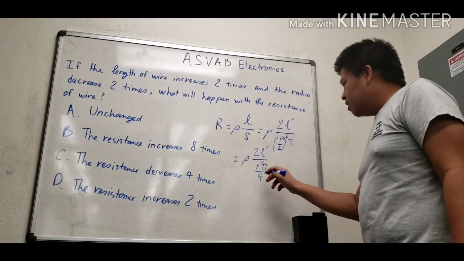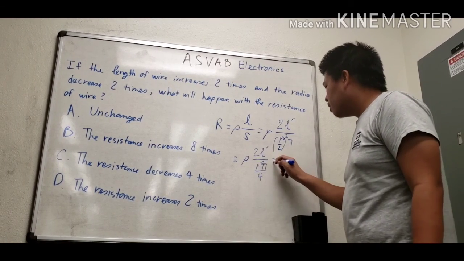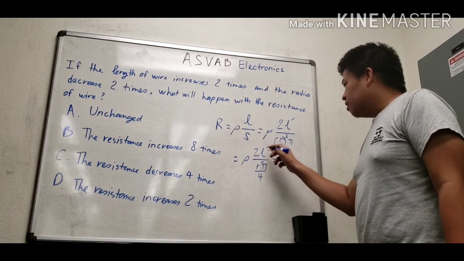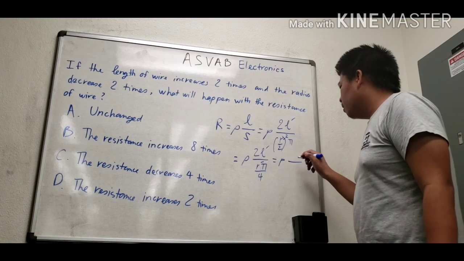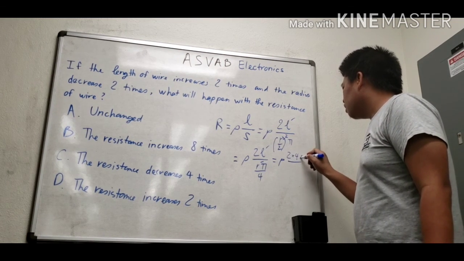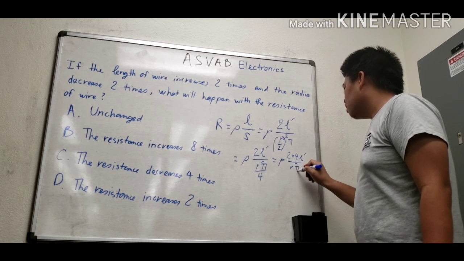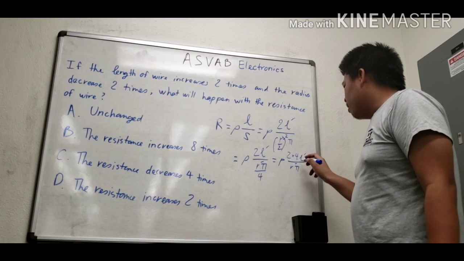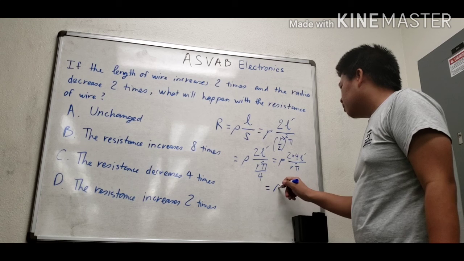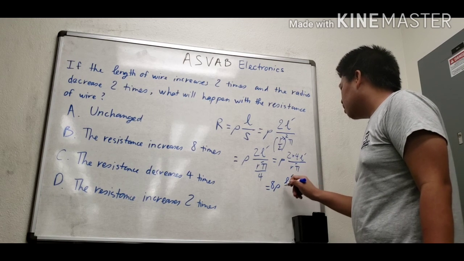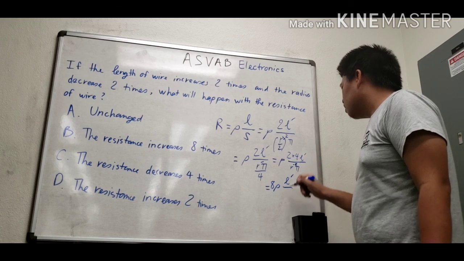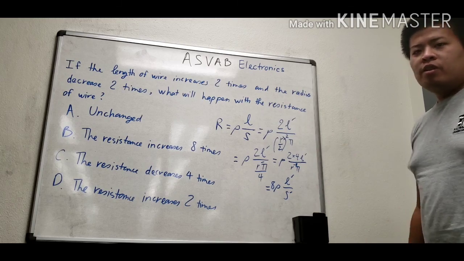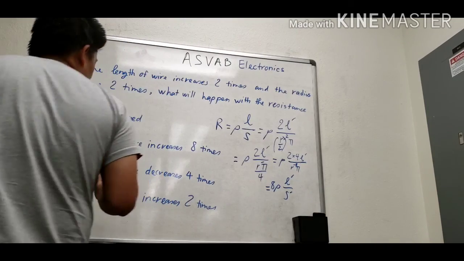In a ratio like this, the number 4 will go up, because we just divide numerator by denominator, so the number 4 will be on the numerator. Therefore, the resistance right now should be 8 times. So it will increase 8 times for the new resistance. So the answer for this question is D.